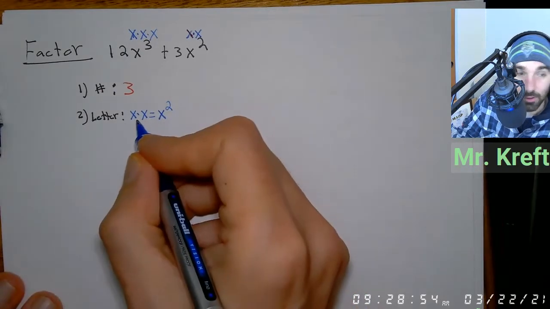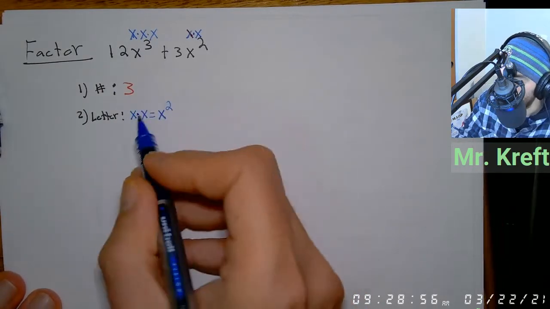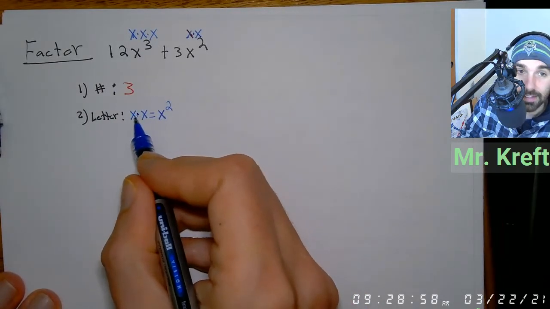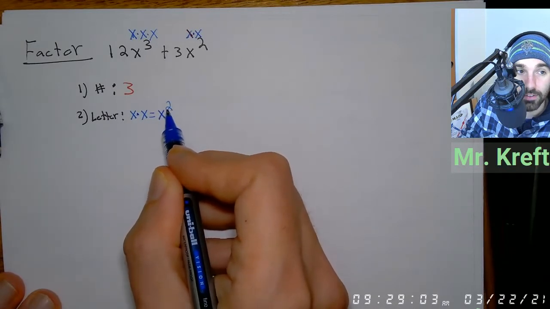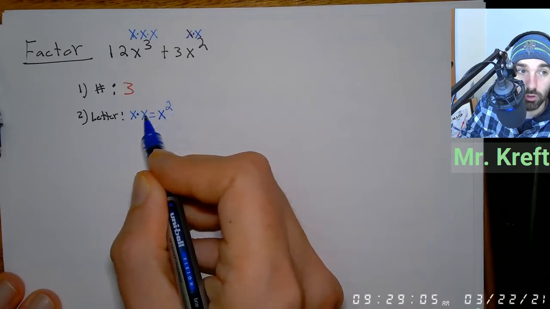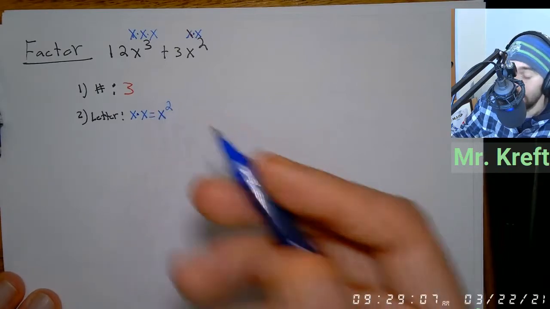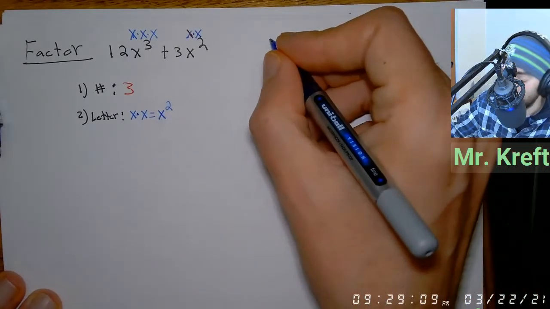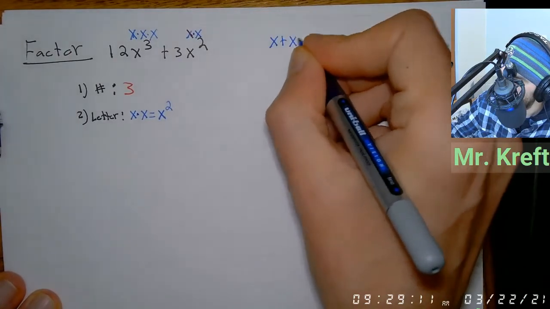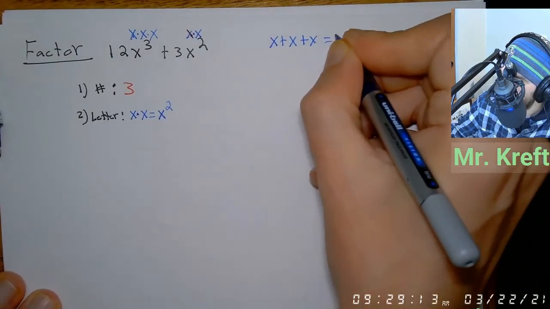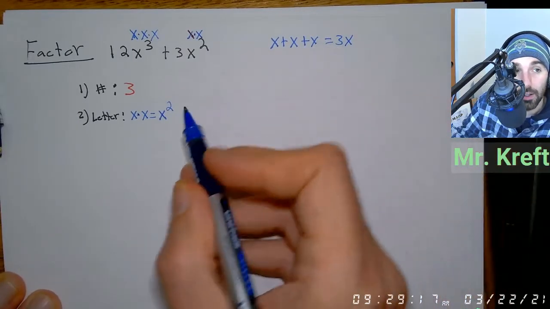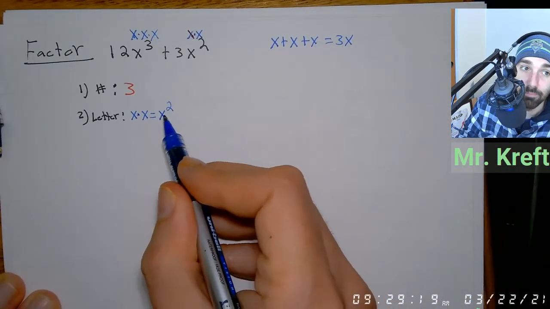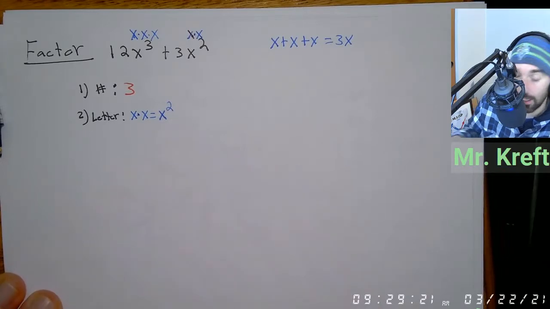I see where I might have confused some people with the way I'm writing this, but see how this is multiply, not addition. When we multiply, the shortcut is exponents. If I was adding, x plus x plus x would be 3x, because the shortcut for adding is multiplying, but the shortcut for multiplying is exponents.